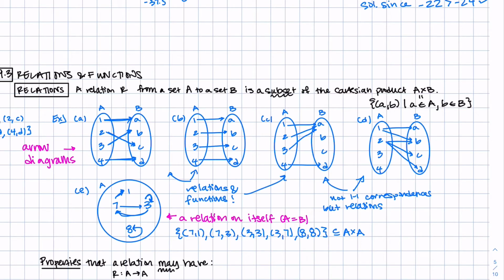But D is where we have an issue. That is because 1 is not mapped to exactly one element in set B. It goes to both little a and little b. And 2 goes to three different things: b, c, and d. So D is not a function.